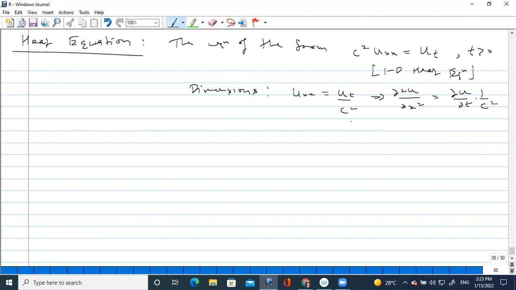Wait, we will verify it like this. C square into 1 by L square will be equal to del u by del t, which is 1 by t.